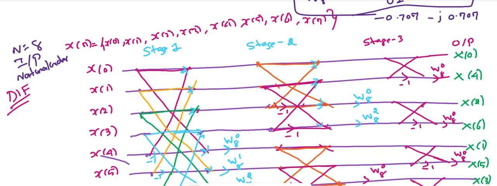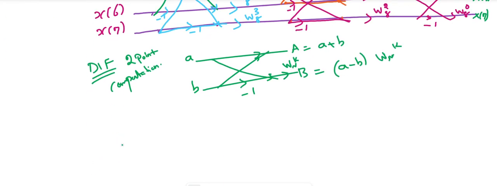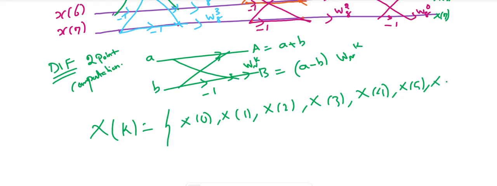So the 2-point computation you have to remember. So X of k you have to write: X of 0, X of 1, X of 2, X of 3, X of 4, X of 5, X of 6, X of 7.